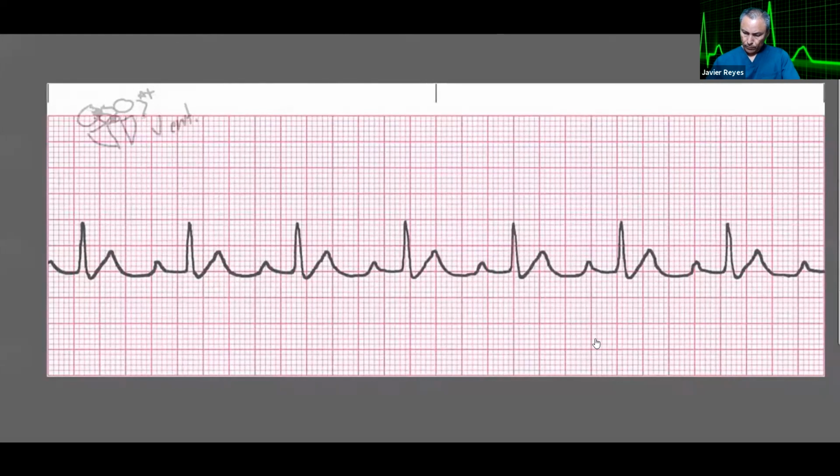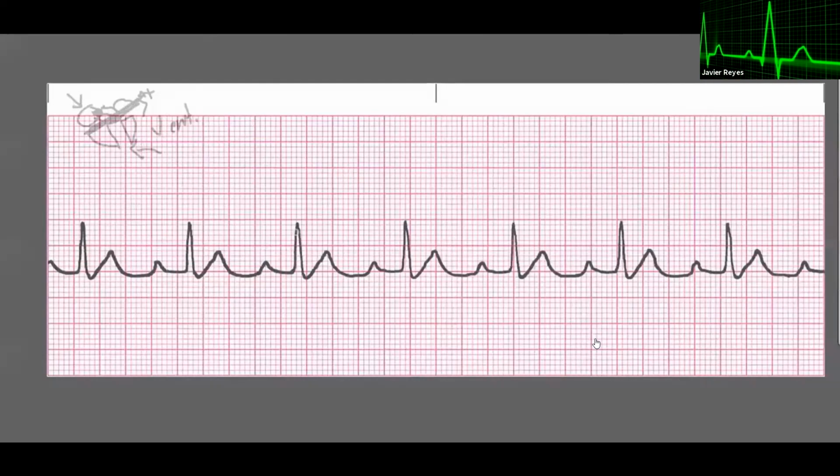What we're looking at here with junctional rhythms, usually people either struggle with the junctional rhythms and how to name them, or they struggle with the heart blocks. So we're going to talk about what happens here in this section that loses communication between the atrias up top and then your ventricles down here on the bottom.